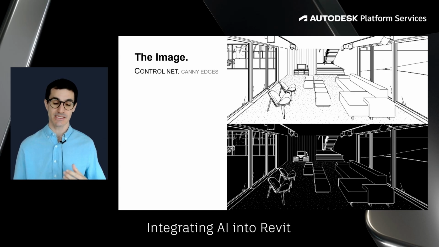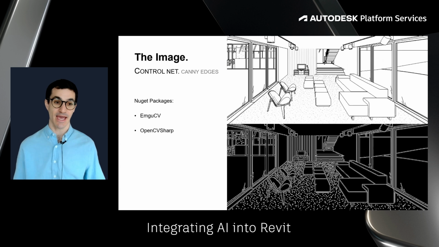So in some cases, walls and certain surfaces that have materials ended up being ignored or interpreted in a different way. So what I actually needed was something like this. I needed the actual edges of the conceptual image. To get to that, I found that there were some NuGet packages to extract and process Canny.